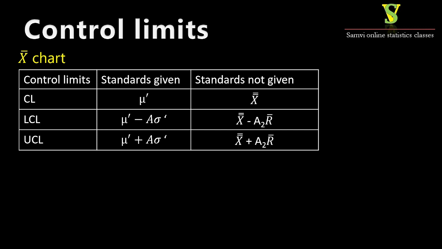First, the X bar chart. Here CL means center line, LCL means lower control limit, and UCL means upper control limit. If standards are given, then CL is mu dash, LCL is mu dash minus A sigma dash, and UCL is mu dash plus A sigma dash.